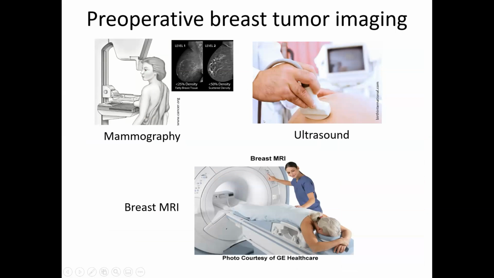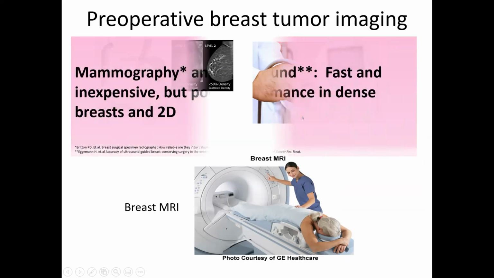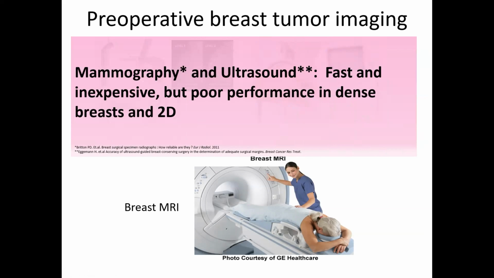The most common imaging modalities used currently to evaluate breast tumor lesions and for screening purposes are mammography, ultrasound, and dynamic contrast enhanced MRI. While all of these modalities have their strengths and weaknesses, it's quite known that mammography and ultrasound, while they're very popular because they're fast and inexpensive, do offer poor performance in dense breasts and typically only offer 2-dimensional views.